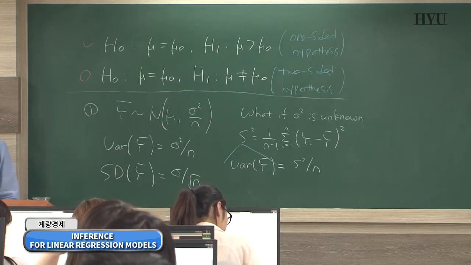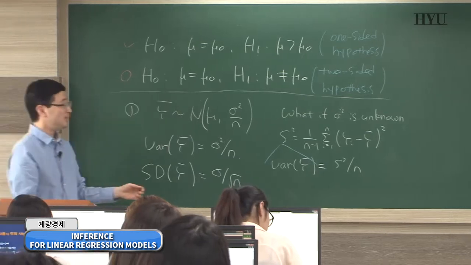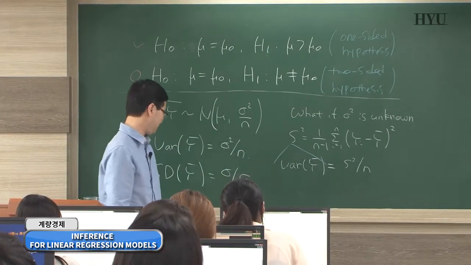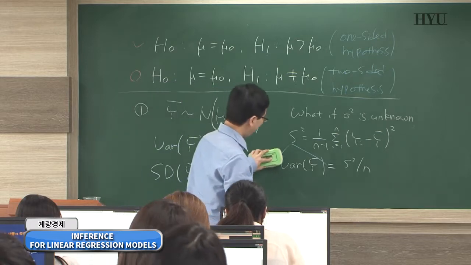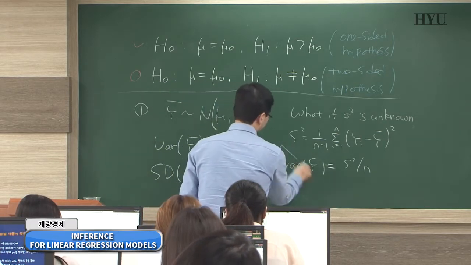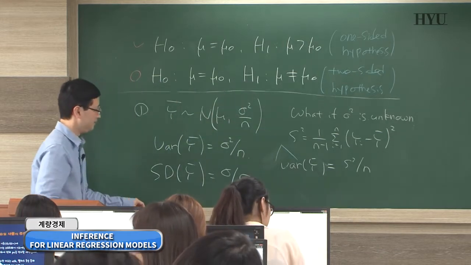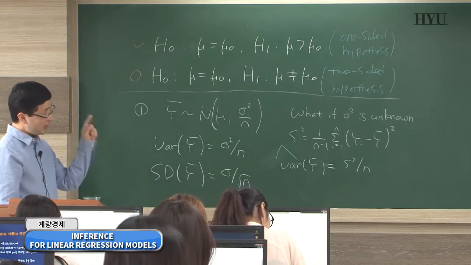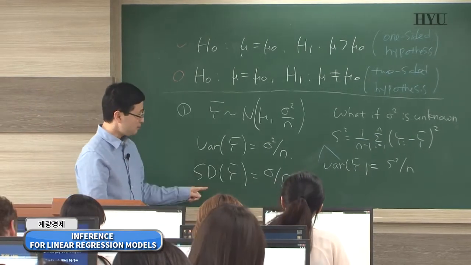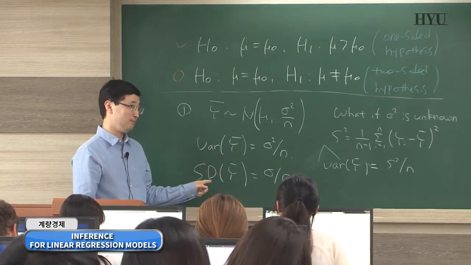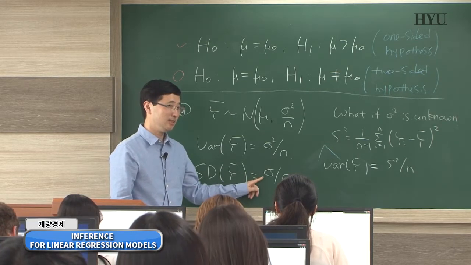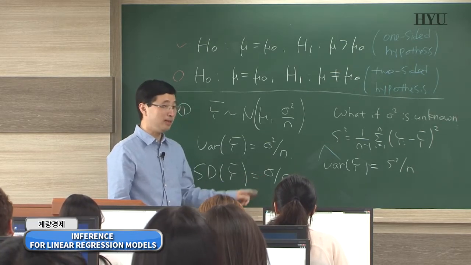So does it make sense? So this is our estimate for the variance of y bar. That's what it means. It kind of looks ugly. So let me draw it again. So that's our estimate for the variance. Now what is the estimate of the standard deviation? So that's when you use s in place of sigma, right?